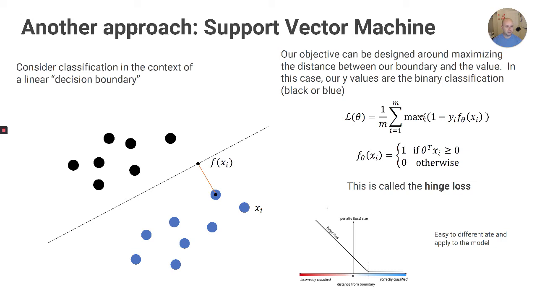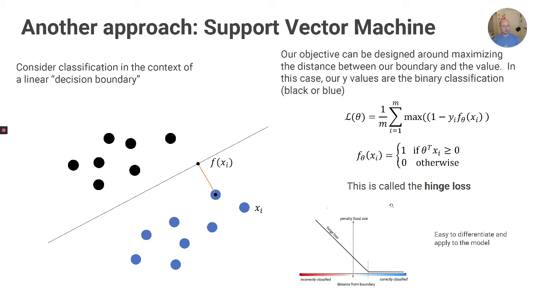And I've noticed an errata here too. It should be the maximum between 0 and 1, and the reason is that when we've classified correctly, this particular value is 1. Otherwise, it's going to be 0.